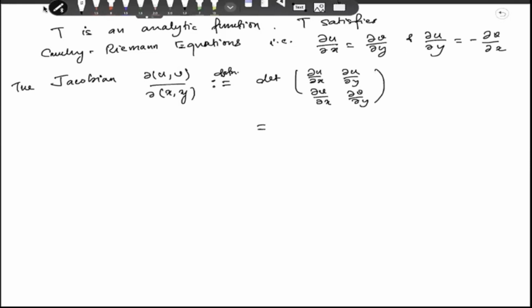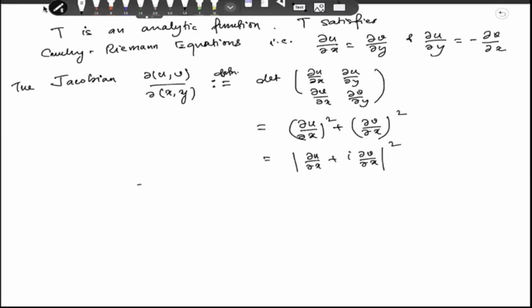This is equal to del u del x squared plus del v del x squared, which you get by the Cauchy-Riemann equations, because del u del x is equal to del v del y, and del u del y is equal to minus del v del x. So the determinant of this matrix is del u del x squared plus del v del x squared. This is basically the modulus of the complex number del u del x plus i del v del x, squared.